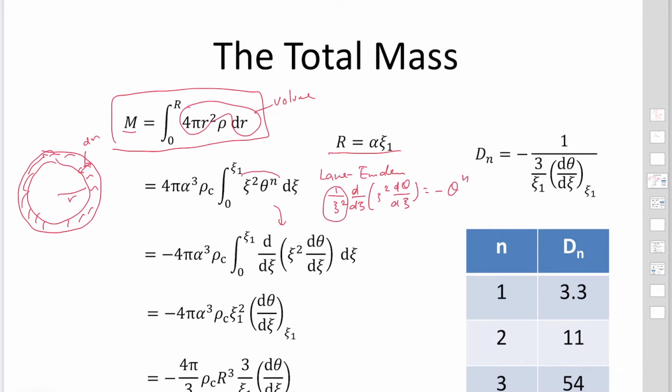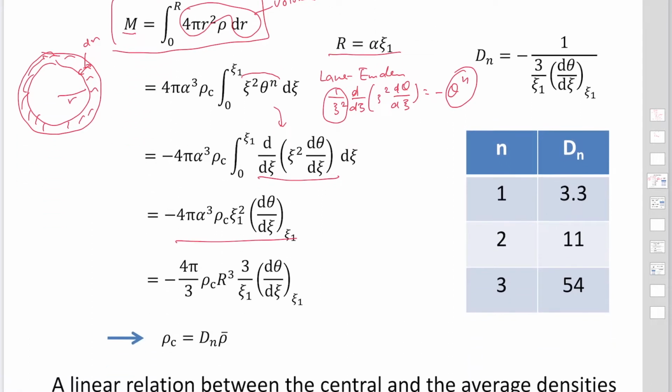So we pick up this, and this becomes these equations. Then we could integrate over these quantities. It becomes the next line. The ξ₁ corresponds to the radius. You can write down the equation using the radius of the star R instead of ξ₁.